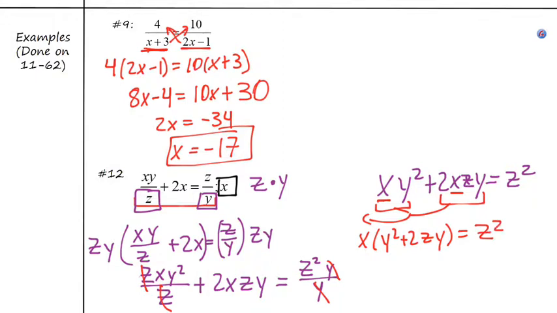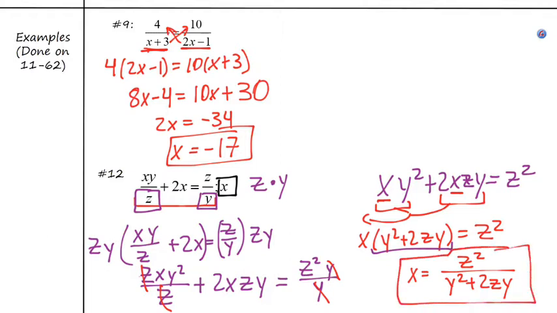And now we can just divide both sides by this entire term, and we'll have x by itself. So we divide both sides by that term, and you get x is equal to z squared divided by y squared plus 2zy. And that'll be our answer.